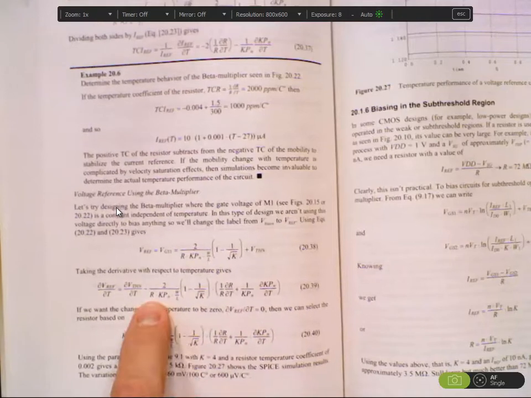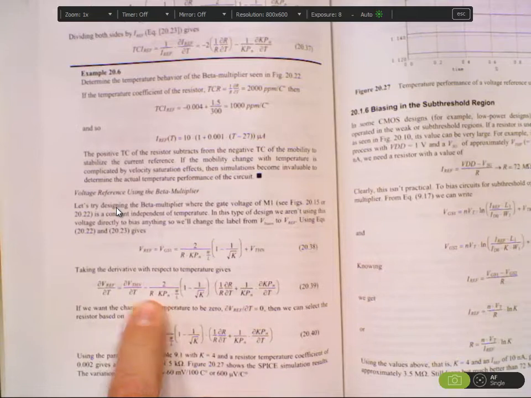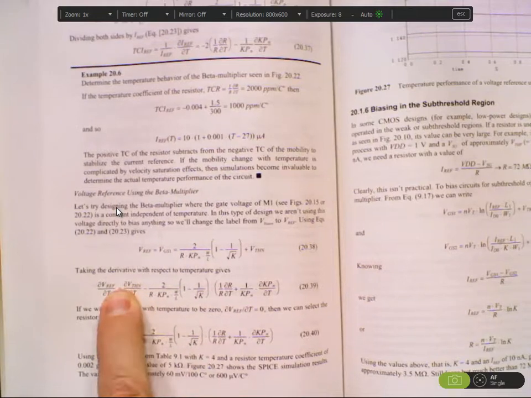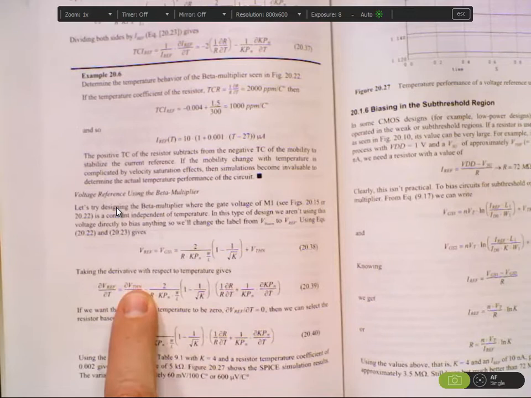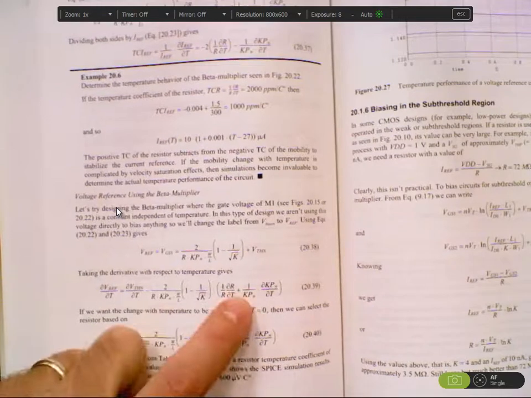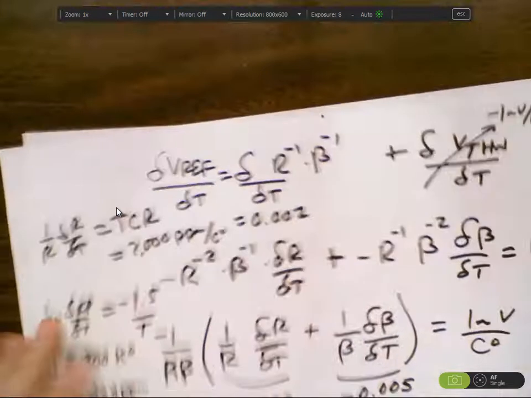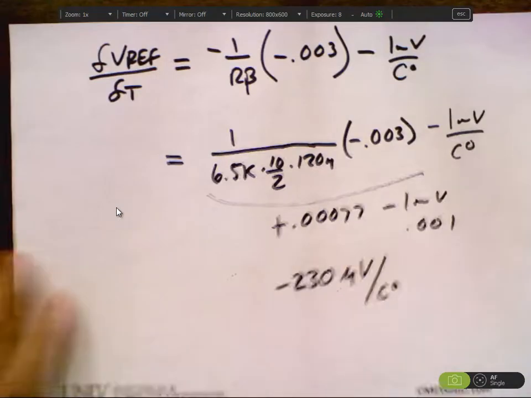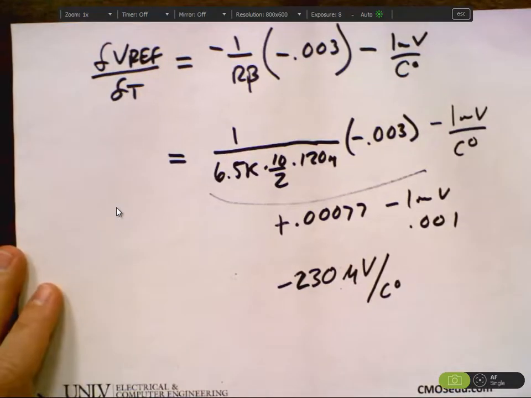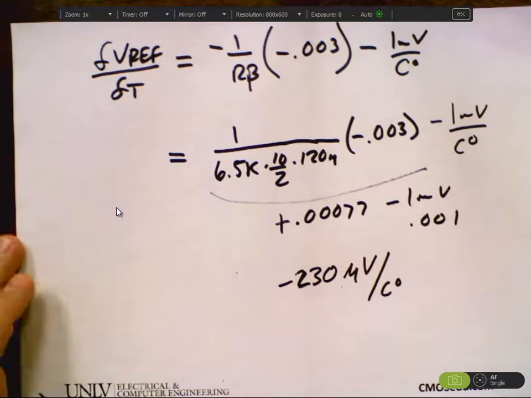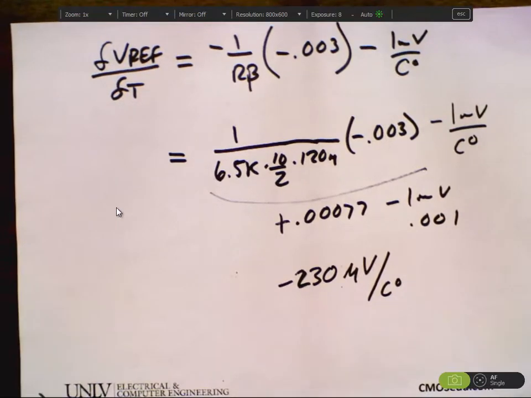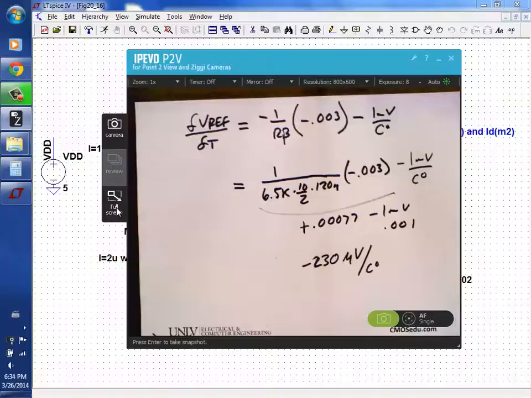Oh, wait, that's not the right equation. It's this one. So that would be 1 millivolt minus 1 minus. And so this would be positive. I don't know. I don't see any problems. I don't know why Spice isn't matching. Maybe I have some minor thing in there or something. I don't know. All right, let's stop there and scratch our heads, I guess.